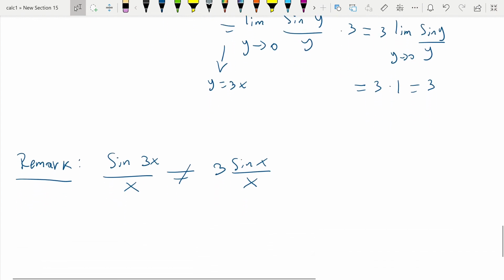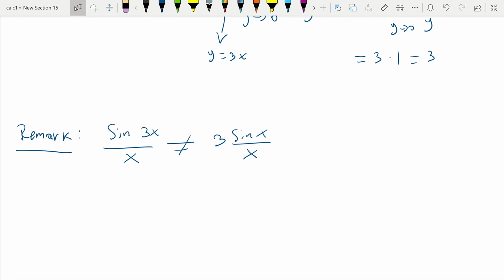However, the reasoning is wrong, and this is not what we're evaluating, because you can simply guess the answer. What we're looking for is that you understand how to arrive at the conclusion, not just what the final answer is. So this is not equal to that. You cannot pull stuff from inside the sine.